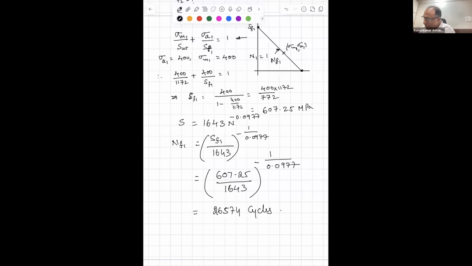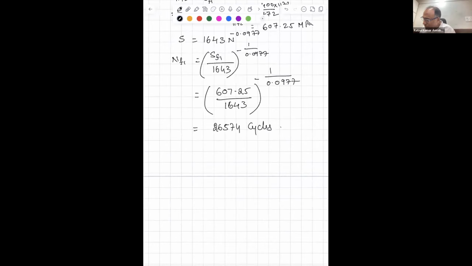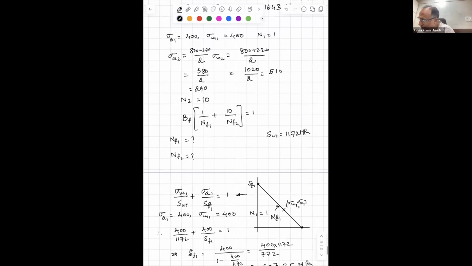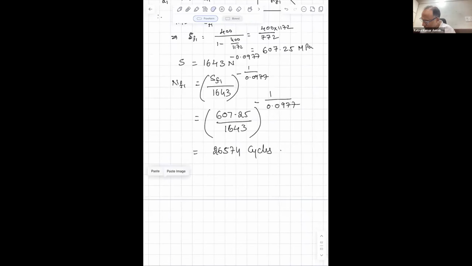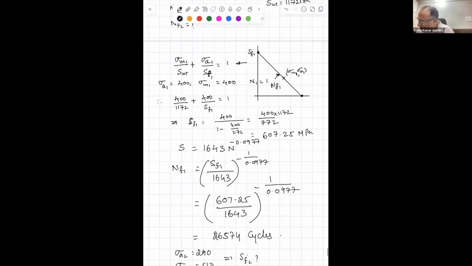That is NF1. Now coming to the second scenario. What is the second scenario here? Sigma A2 is equal to 290, sigma M2 is equal to 510, correct? For this, I need to find out SF2. What is the meaning of that? Here sigma M1 was 400.